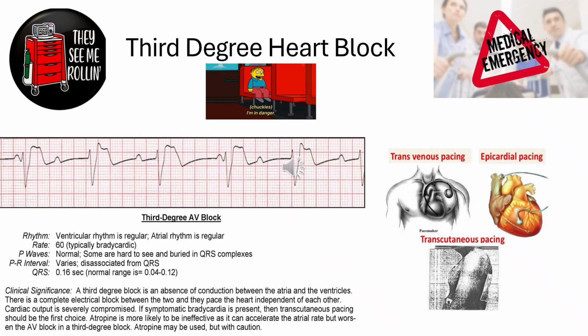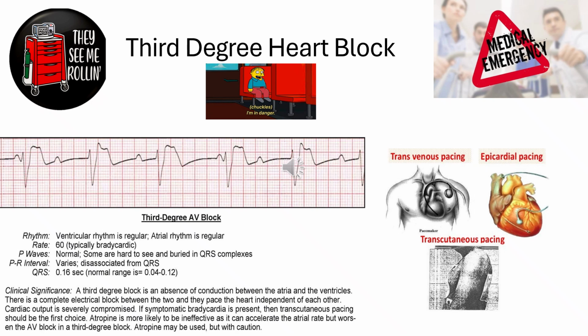I wanted to spend a little bit more time with the third degree heart block because this is a medical emergency. With the third degree heart block, we know it's a complete atrioventricular block. So the electrical signal from the atria is completely blocked from reaching those ventricles. And this is going to result in the atria and ventricles beating independently.